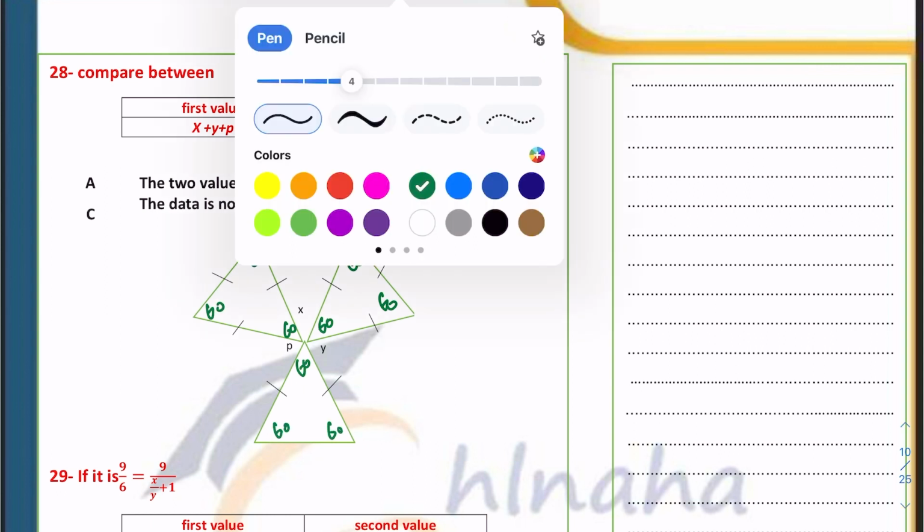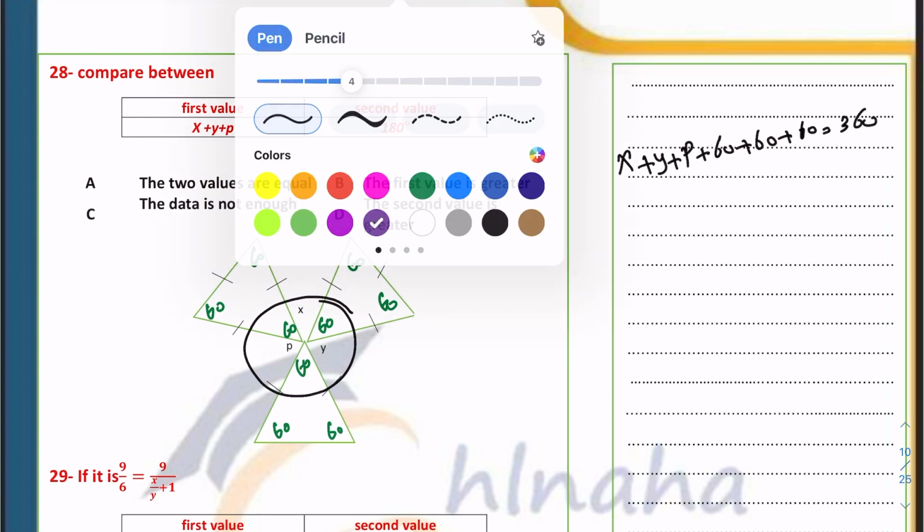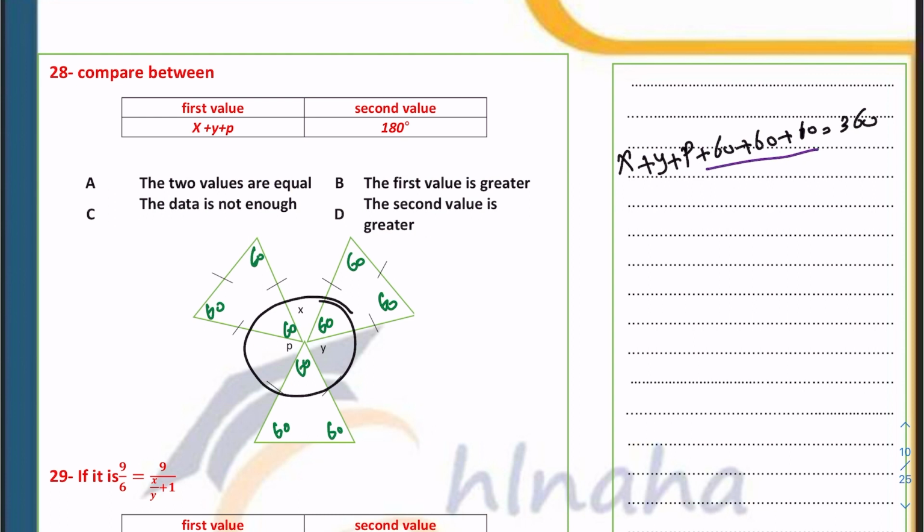Now, focus here. The sum of the angles around any point is 360. So I have x plus y plus p plus 60 plus 60 plus 60 equals 360. Now it's an equation and we can find it. 60 and 60 and 60 is 180.